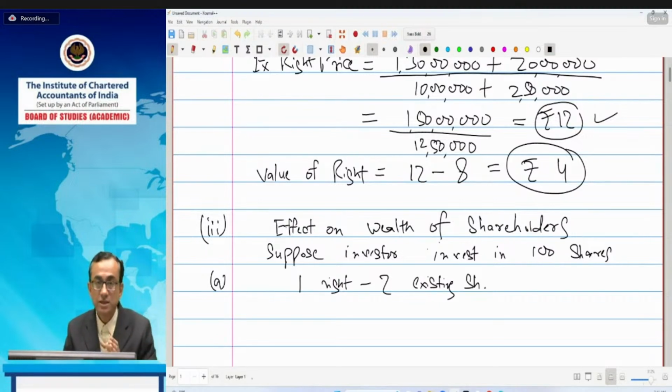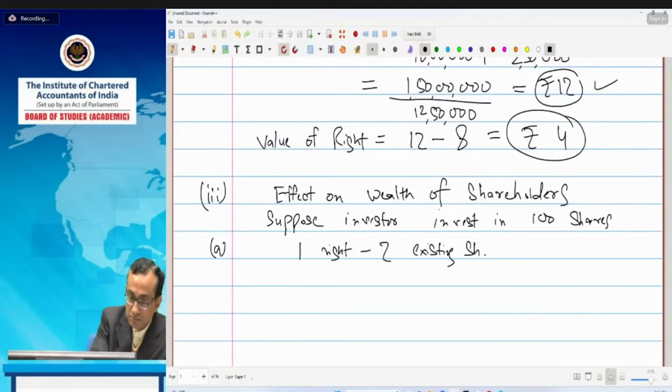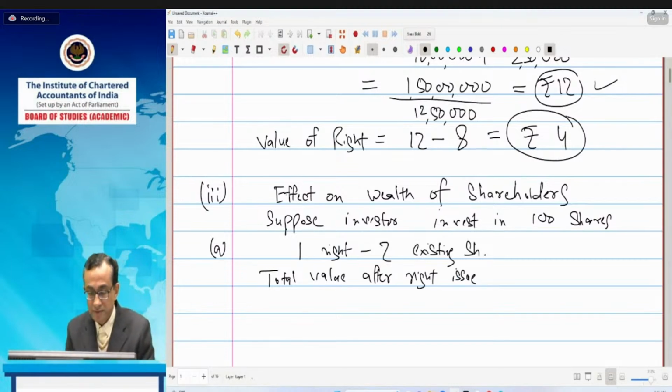Now let us take the first situation. What is the effect on the wealth? Total value after right issue. If the investor is holding 100 shares, then after the right issue, what will be the total number of shares? The total number of shares will be 150.